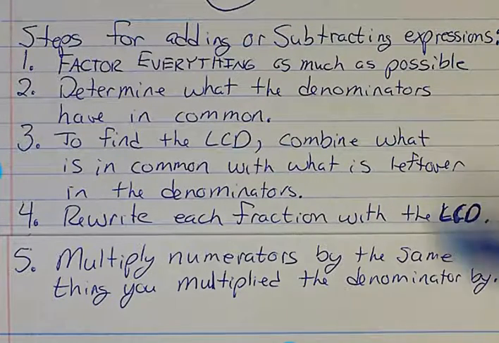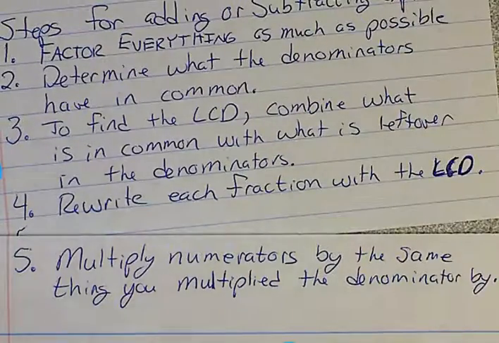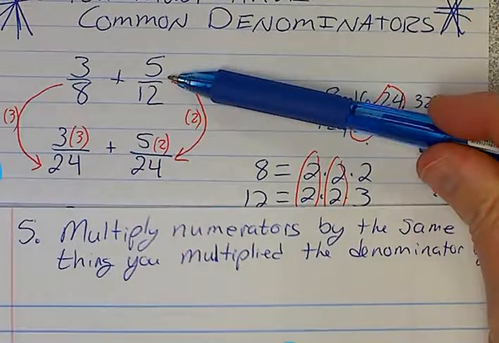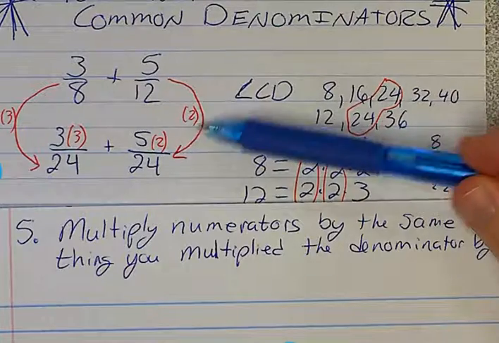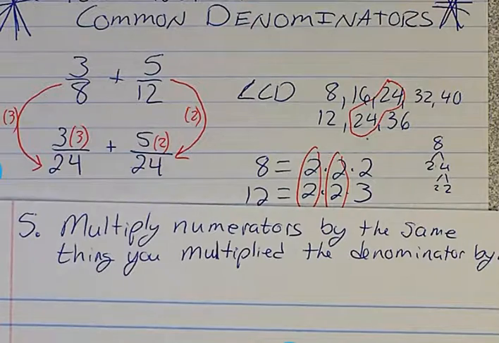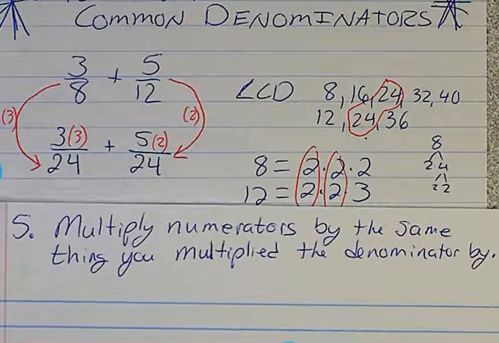Again, an earlier problem, that's where we figured out, back up here at the top, that's kind of this step here: when we took the top part and multiplied to go from 12 to 24, we multiplied the bottom by 2. Now we're doing the same thing on the top. We're going to multiply the top by 2. You know, in this fraction, we multiplied the bottom by 3, so we had to multiply the top by 3. So that's kind of what step 5 is.